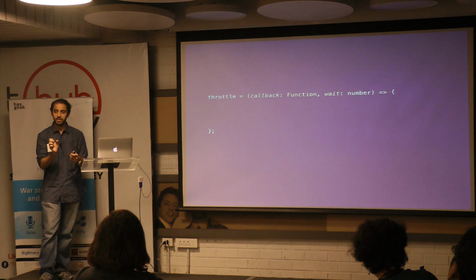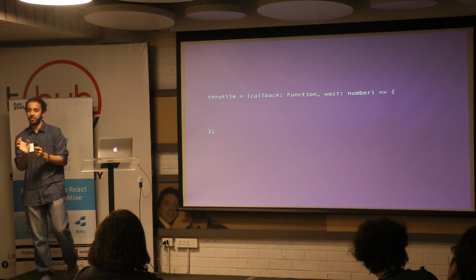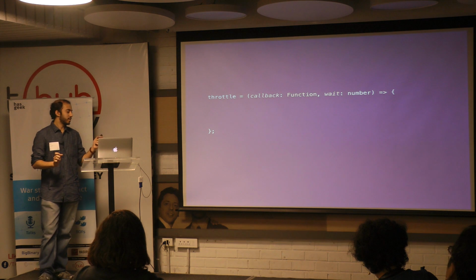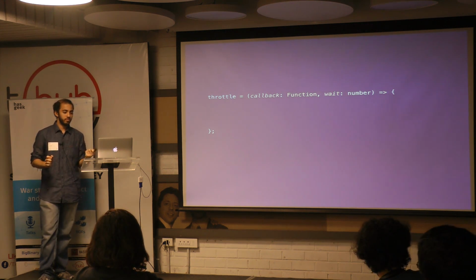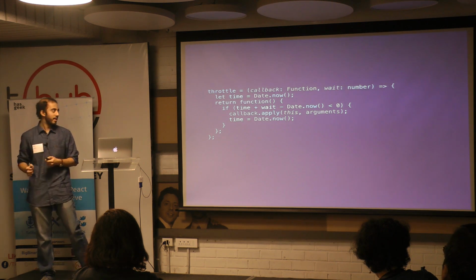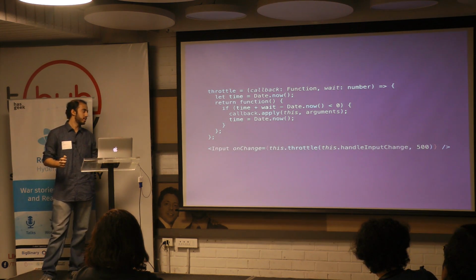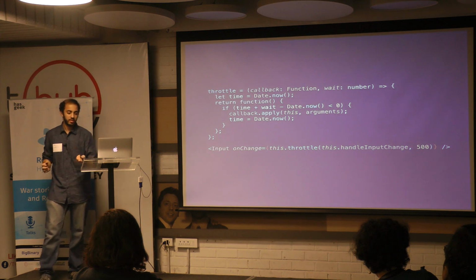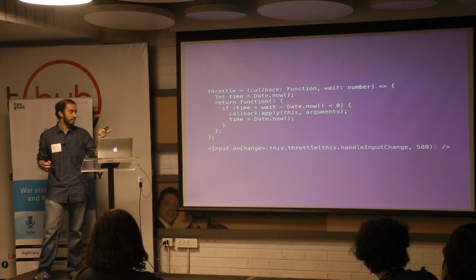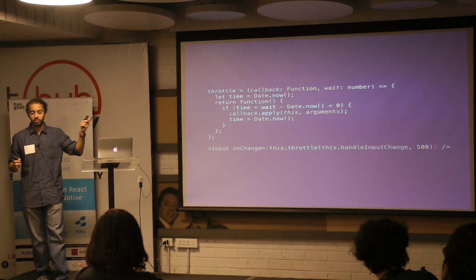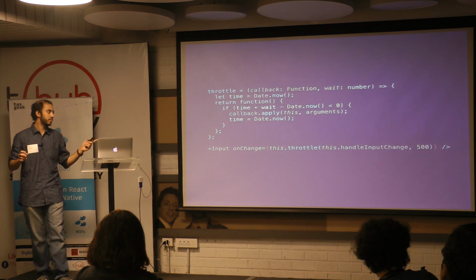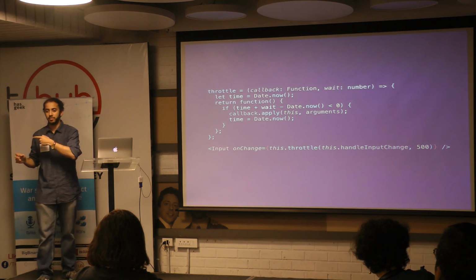So you do a throttle which says execute the search after a certain time. You have a function which returns another function, and then you can use it in your input handler the way I mentioned below. The throttle executes and returns a new function which you can then use. Inside that you can have your API call or state update or whatever. This will execute after every 500 milliseconds.